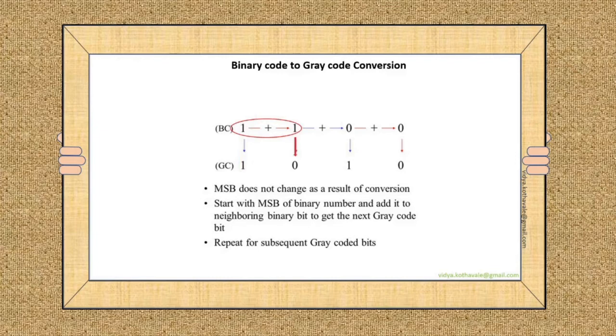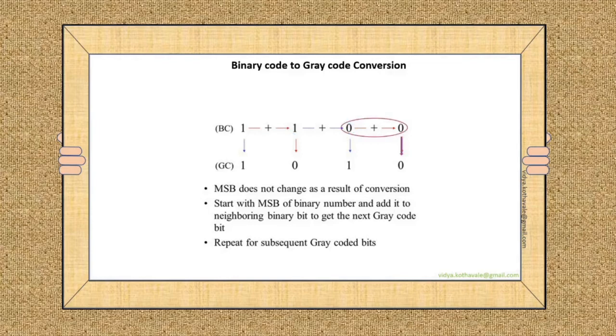Secondly, the two successive binary bits are added to generate the sum and a carry. The sum is considered as the gray code bit and the carry is neglected. Similarly, the next two successive binary bits are added, the sum is considered and the carry is neglected.